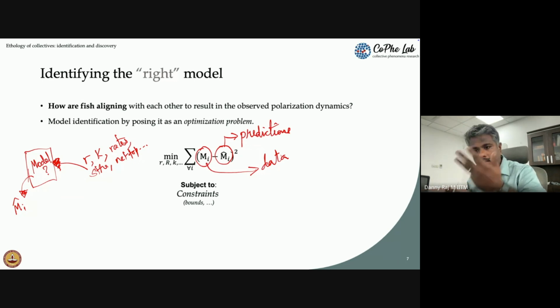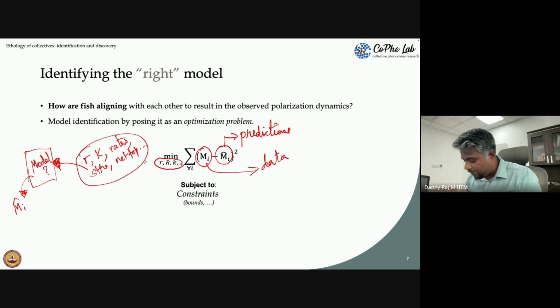But if I'm using polarization, cohesion, and a bunch of things, they can all be ordered in this fashion. It's the sum of all of those things. Now, what you're saying is this has to be close to that, which means I have to minimize the deviation between Mi and Mi predicted, and I have to find out what these parameters are that minimize them. That is all you're conveying by writing this mathematically.